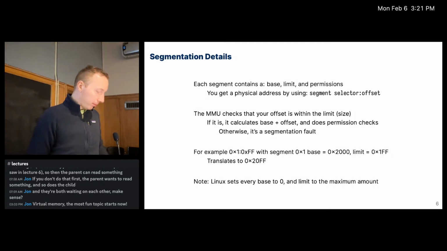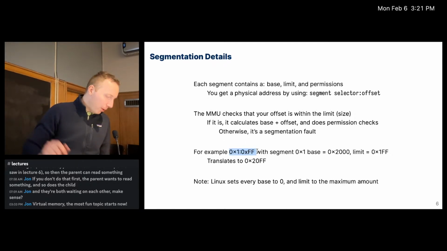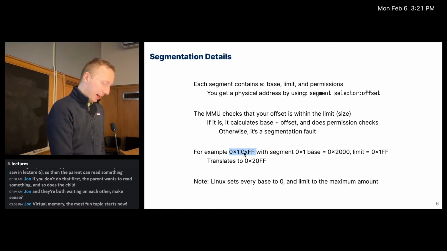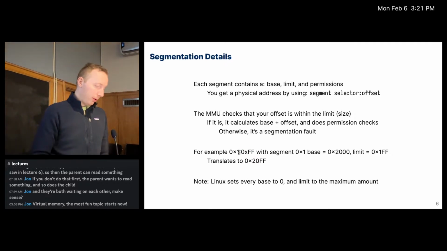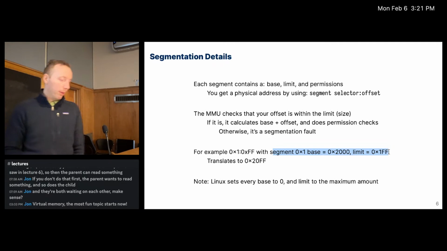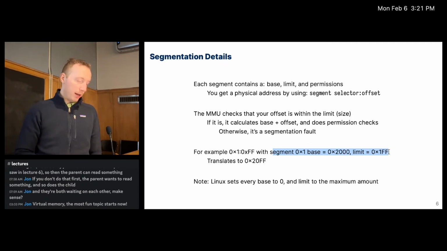There's our term. So for example, if this was our weird looking address, so we want segment 1 and then a semicolon and then offset FF, which would be like byte 255, well, this would be our segment entry. So it would be like, oh yeah, segment 1, well, its base address is 2000 and its limit is 1FF.